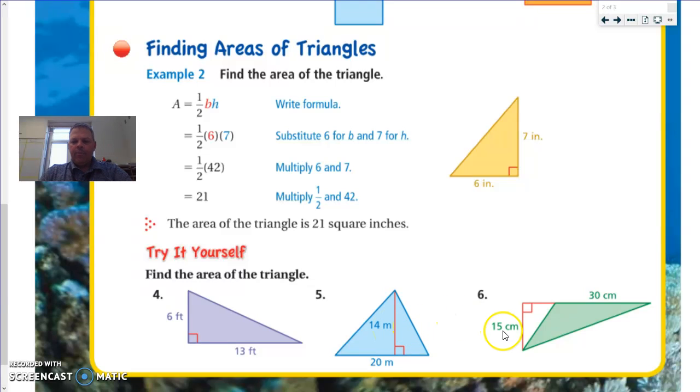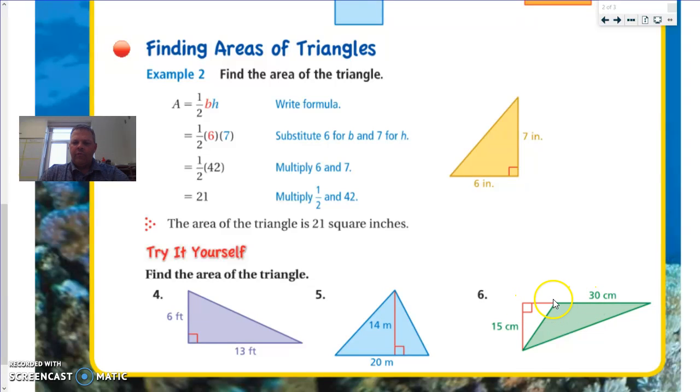In example 3, notice that this is a little different. This distance is not the height, but they have given us that from the bottom to the top is 15. This is the height. Notice that the height must always form a right angle. So in this case, we have to extend our base out.